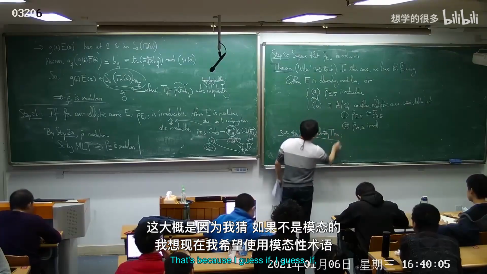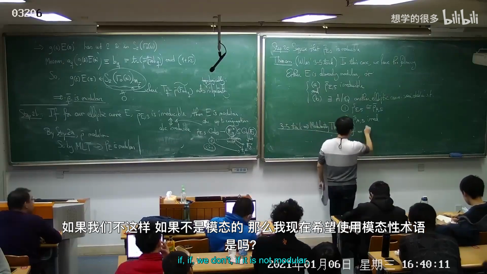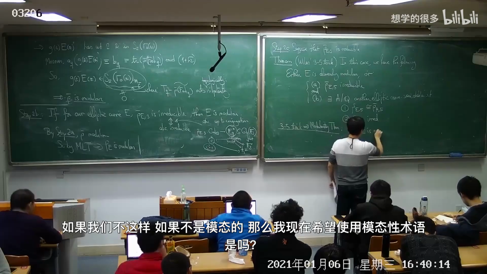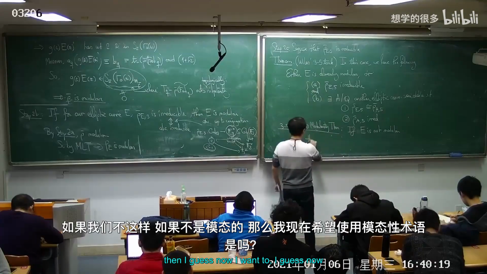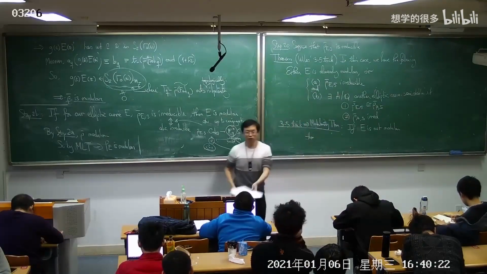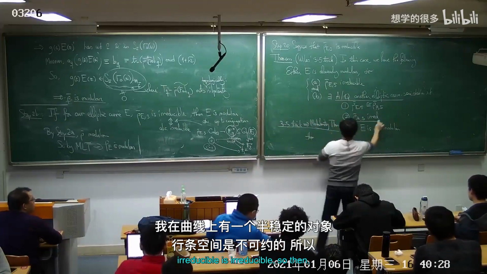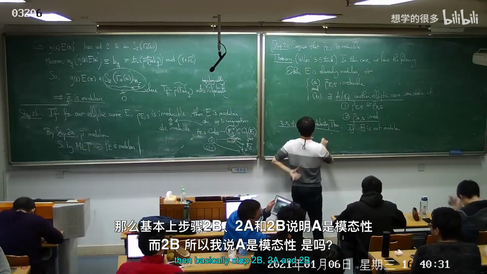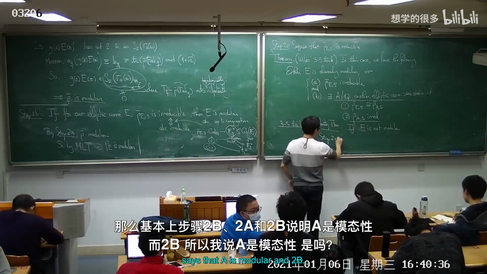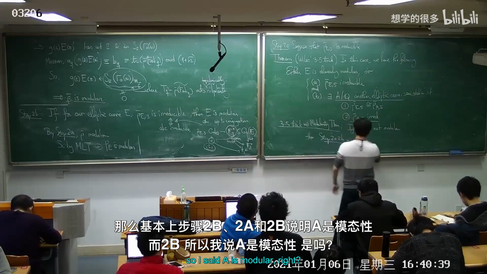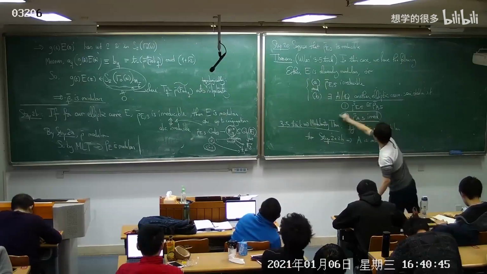That's because if E is not modular, then I want to use modularity lifting theorems. I have a semi-stable elliptic curve A where rho bar 3 is irreducible. So steps 2a and 2b say that A is modular, because rho bar 3 is irreducible.